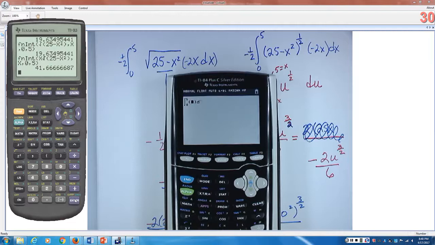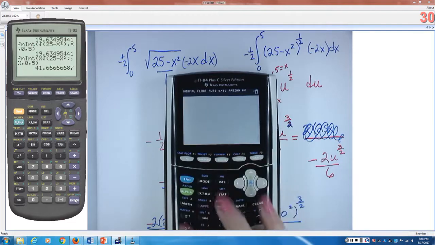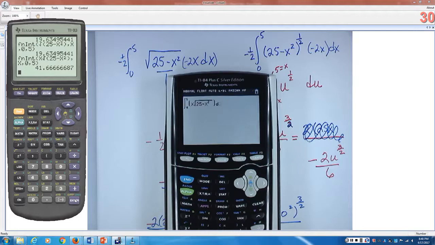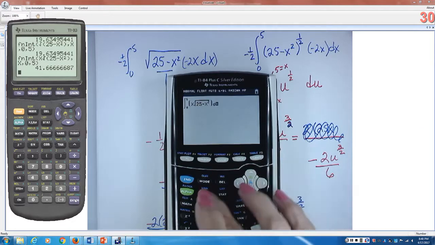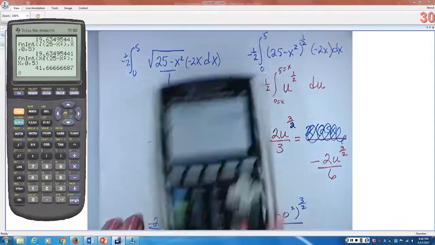And then put in your function. Don't forget the X. And then you put the x at the end. So it just looks different. And there's the answer. Okay, thank you.